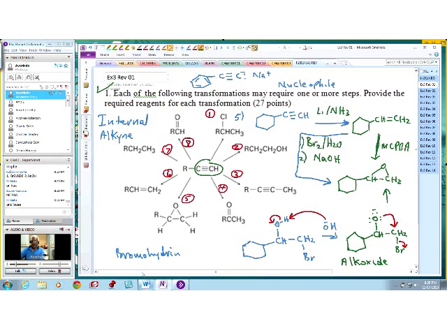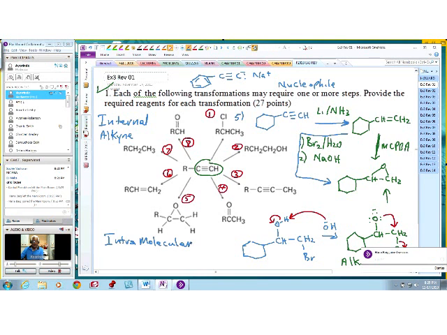So this is what we will refer to as an intramolecular SN2 reaction.